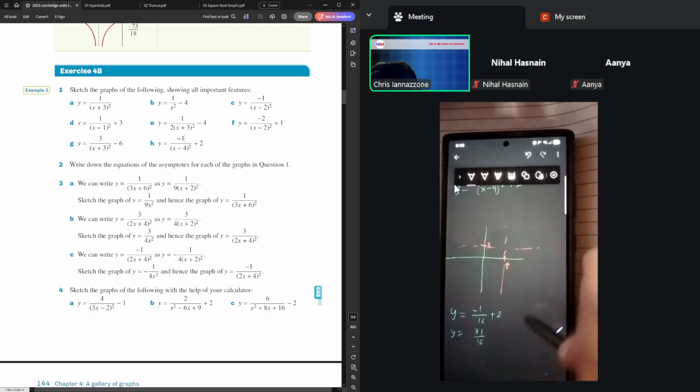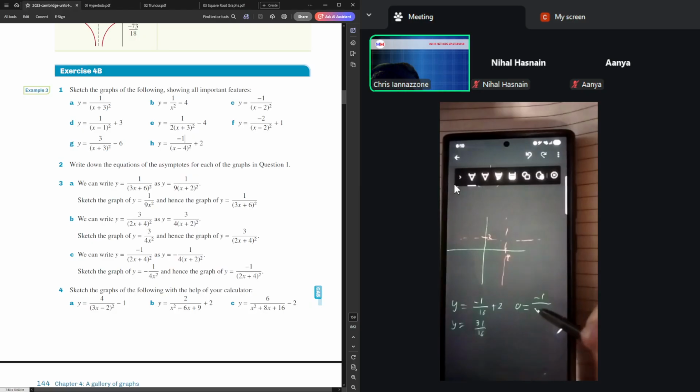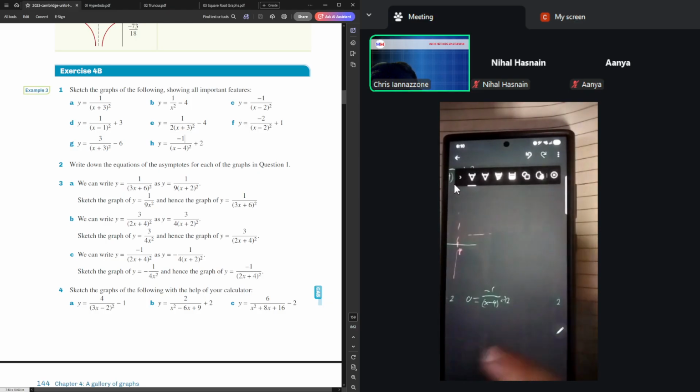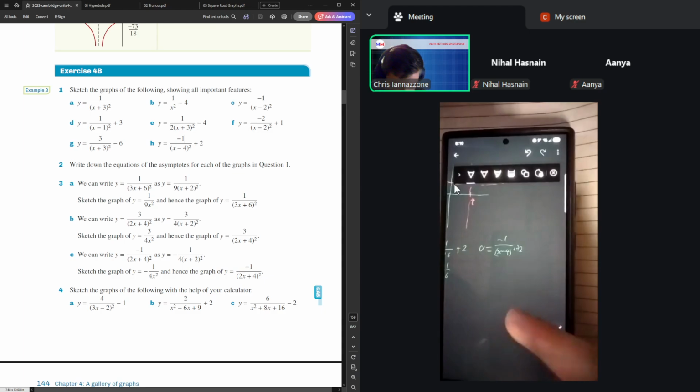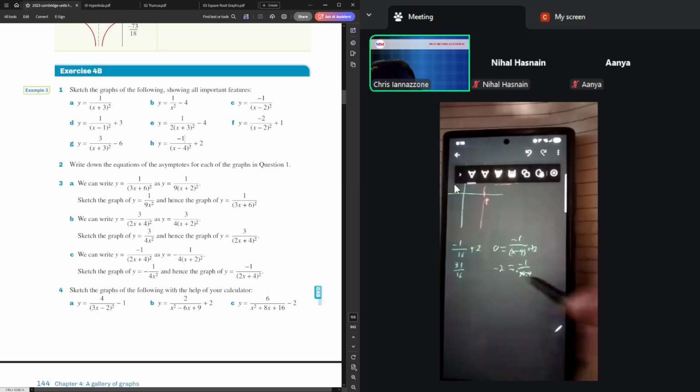And then y equals 0. So 0 equals -1 on x minus 4 all squared plus 2. Minus 2 equals -1 on x minus 4, just bringing that 2 over. Flip these terms around.